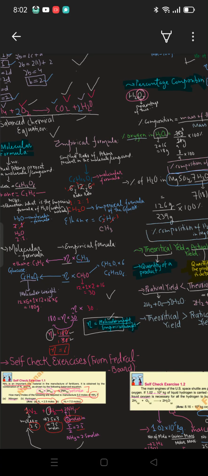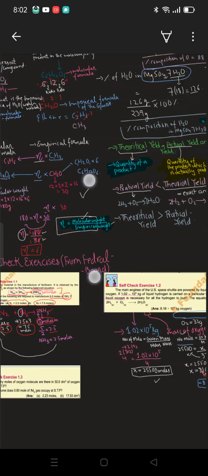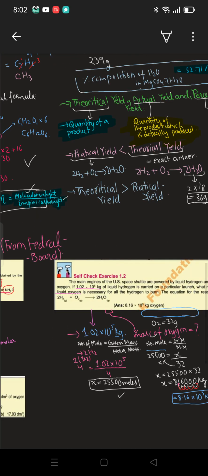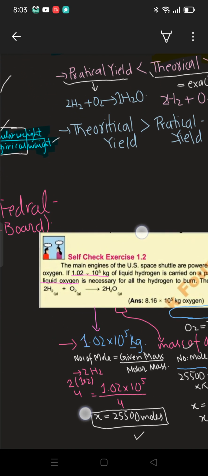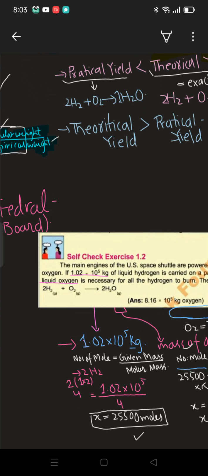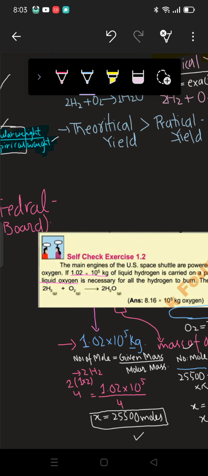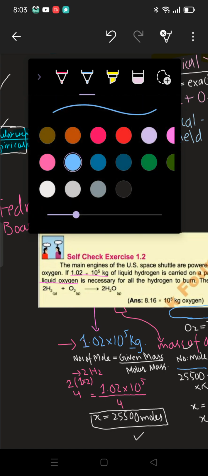Okay, so as in the last video, we have done self-check exercise 1.2, in which we calculated the mass of the oxygen. Since we are solving with the mole concept, initially we need to find the moles. The mass of hydrogen was given, and we were supposed to find the mass of the oxygen.